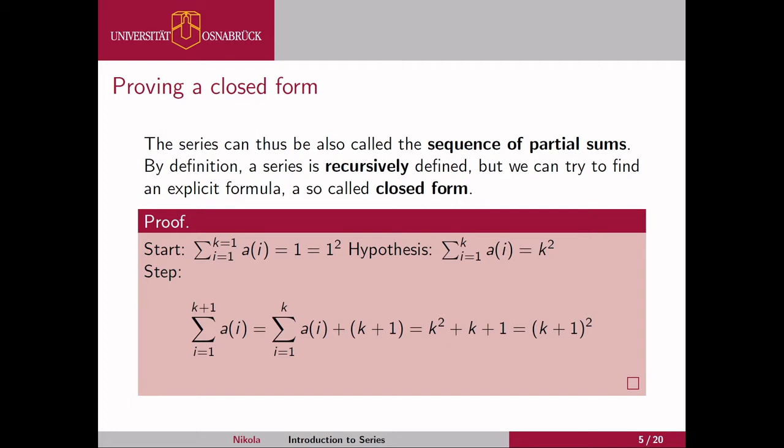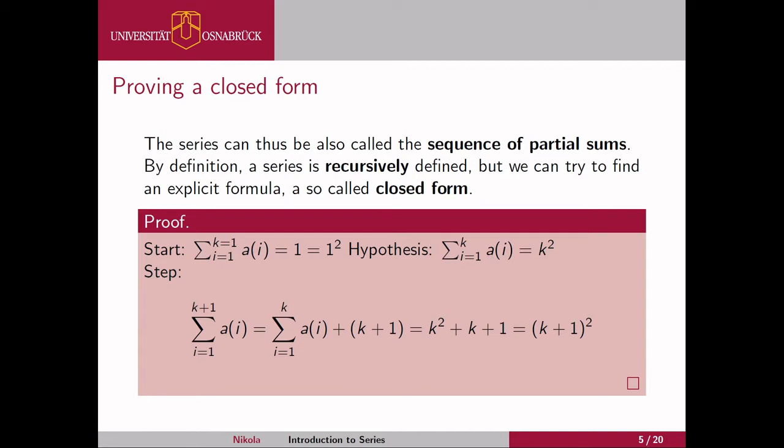So what we currently have is a recursive definition of our series. We say, okay, we add up all the odd numbers that we have so far, and to get the next term, we add a new odd number, the next higher odd number.